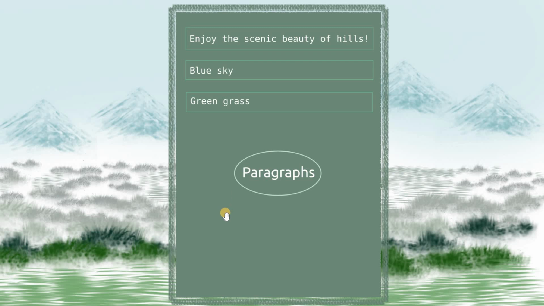So here is an illustration. All these three items are paragraphs. The green area represents a document with a little bit of margin, and the first paragraph covers the whole width of the document.